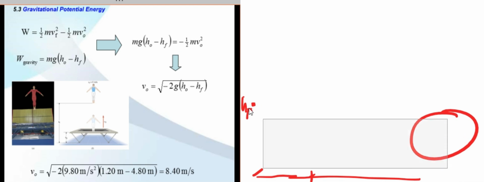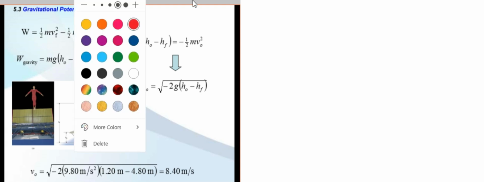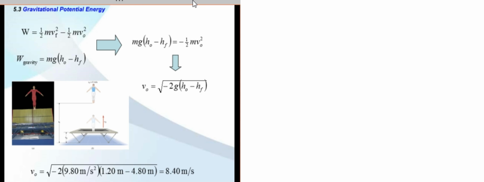So let me first erase this. So we have an equation: mg times the quantity HO minus HF is equal to negative 1/2 m v sub O squared.